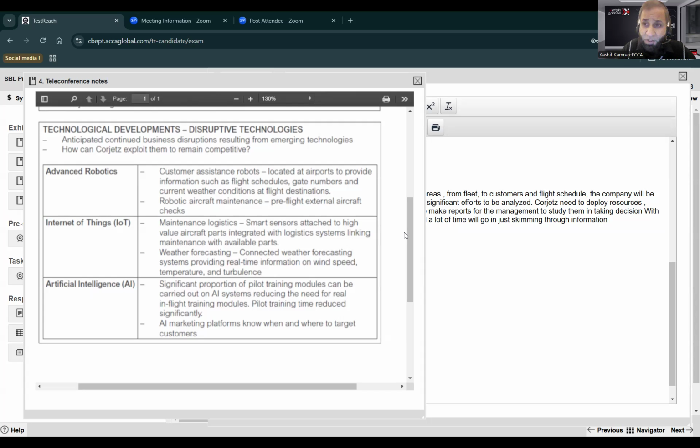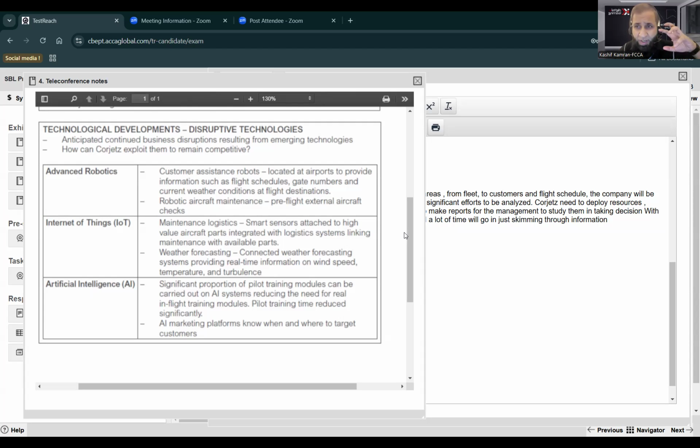Pilot training time can be reduced significantly if you deploy artificial intelligence in the training process. AI marketing platforms know when and where to target customers. So you can use AI within marketing. So you know where to market and how to market.